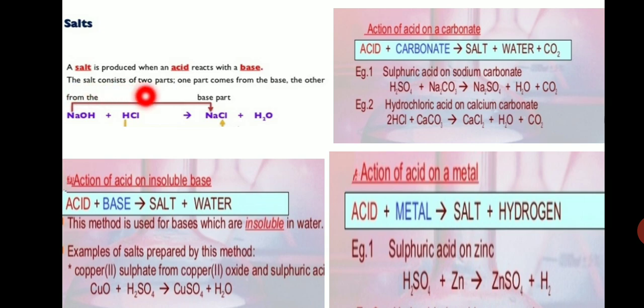The salt consists of two parts: one part comes from the base and the other part comes from the acid. In this reaction, sodium hydroxide reacts with hydrochloric acid to form sodium chloride and water. This is a salt. So from different reactions we get the compound salt.